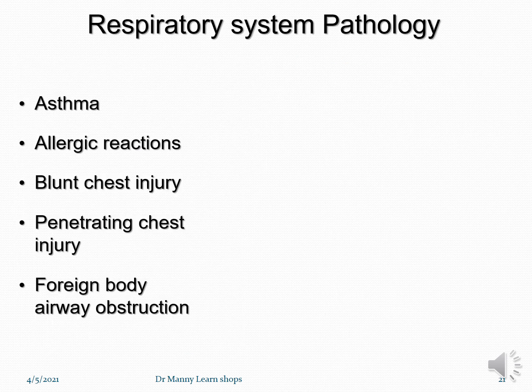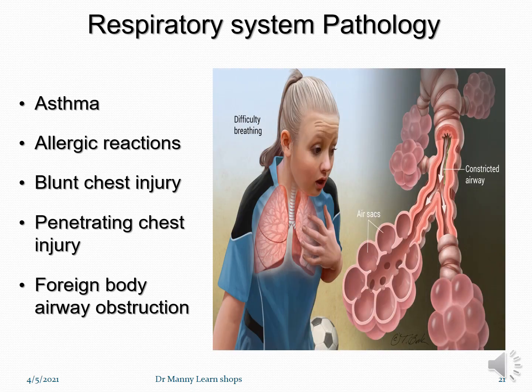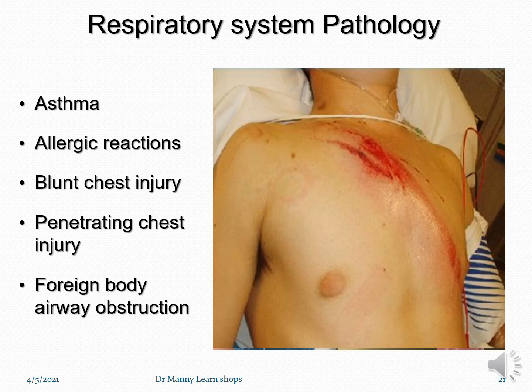Selected pathophysiology in relation to the respiratory system is asthma. Asthma is where the airways constrict and air can't get in and out. Allergic reactions can cause breathing difficulties as well. Blunt chest injury, like this person with a seatbelt injury.